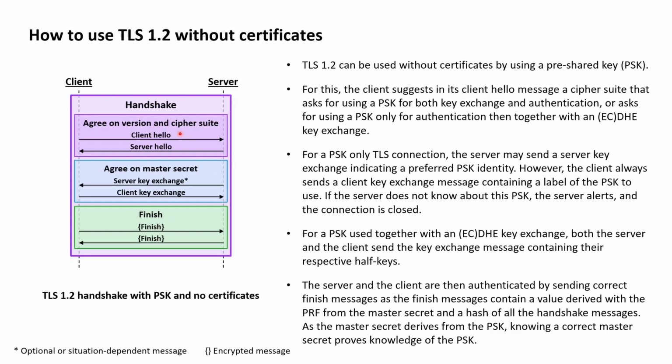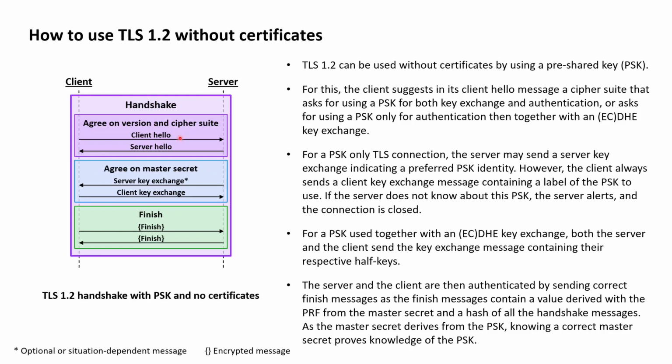In this client hello message, the client then suggests a cipher suite that specifies the use of a pre-shared key either for both the key exchange and the authentication, or the client suggests a cipher suite that specifies the use of a pre-shared key only for the authentication, with an additional ECDHE key exchange taking place on top.